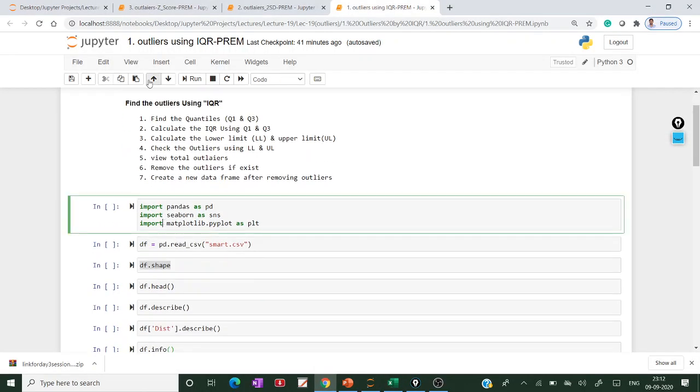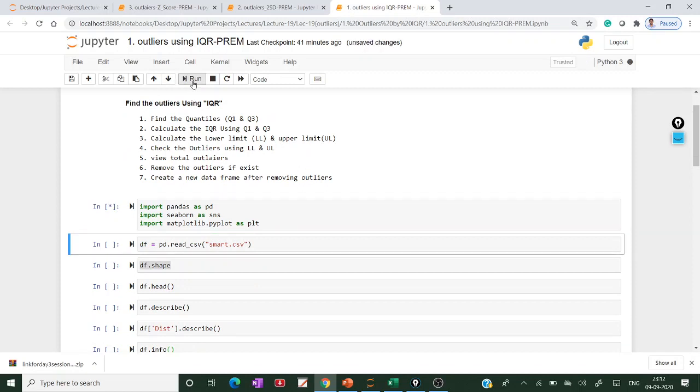First I am importing the basic libraries: pandas, seaborn, matplotlib. After importing these basic libraries, next we have to import the data and create the data frame.